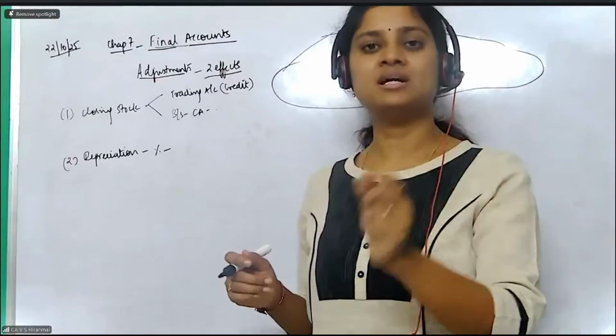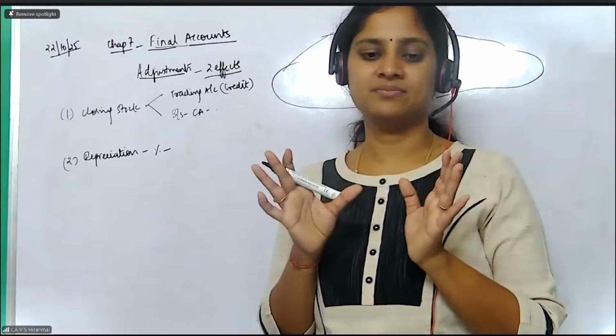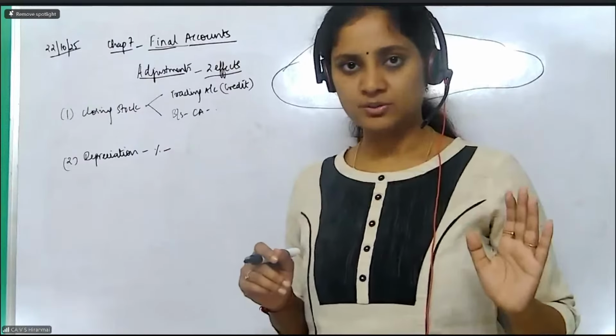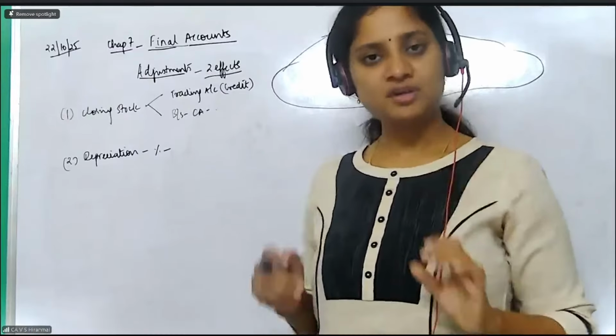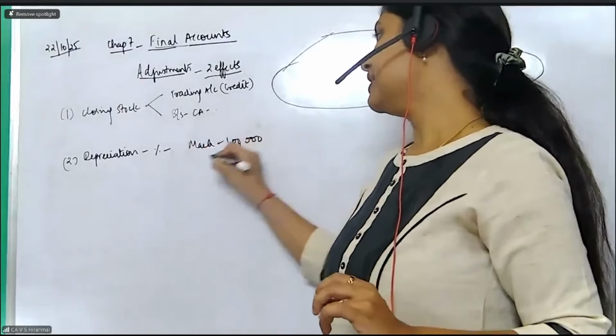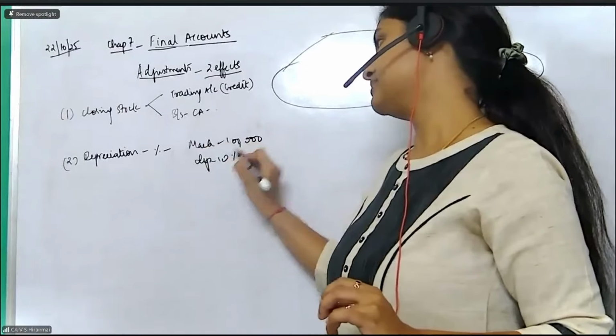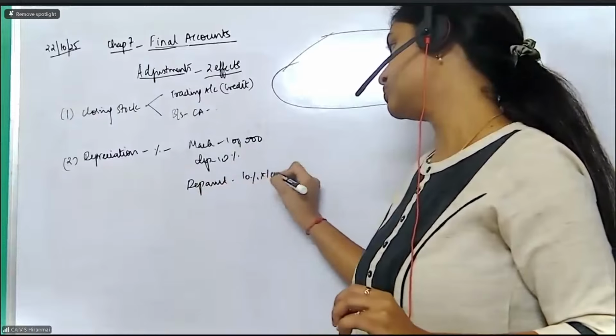But here in final accounts, how will the depreciation adjustment come? It is a simple adjustment. The percentage will be given to you, and you apply it on the fixed asset value. For example, if machinery value is 1 lakh and the depreciation rate is 10%, the depreciation amount will be 10% of 1 lakh.